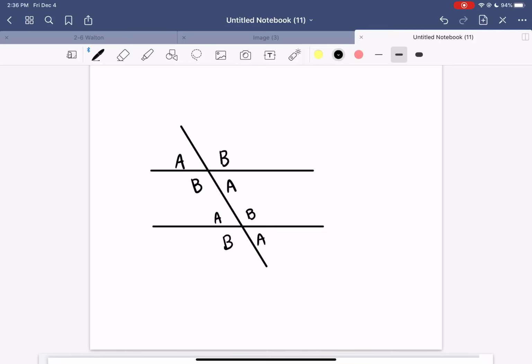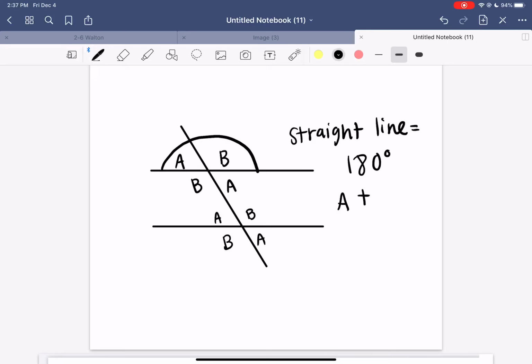So we know that a straight line equals 180 degrees. So if we have angle A plus angle B, this has to equal 180 degrees. So in math, if we have A plus B equals 180, we also know that B plus A is 180.